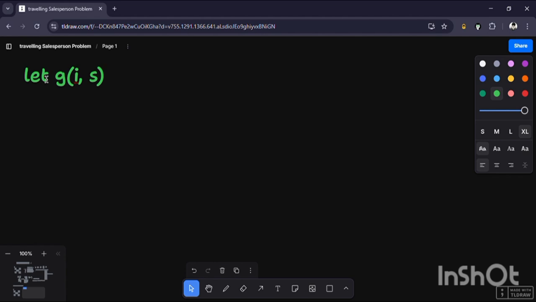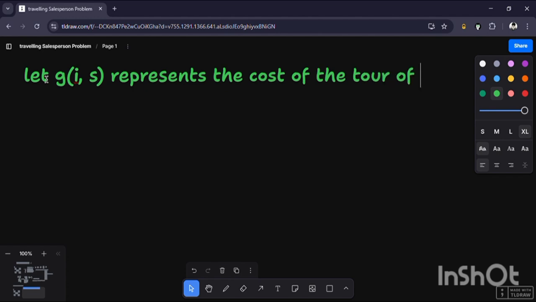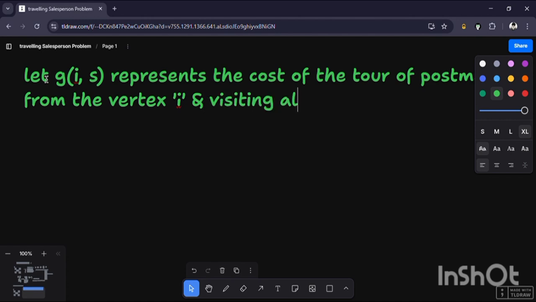G of I comma s represents the cost of the tour of the postman from the vertex, or you can say from the post office, from the vertex I, and visiting all vertices in the set S, right?